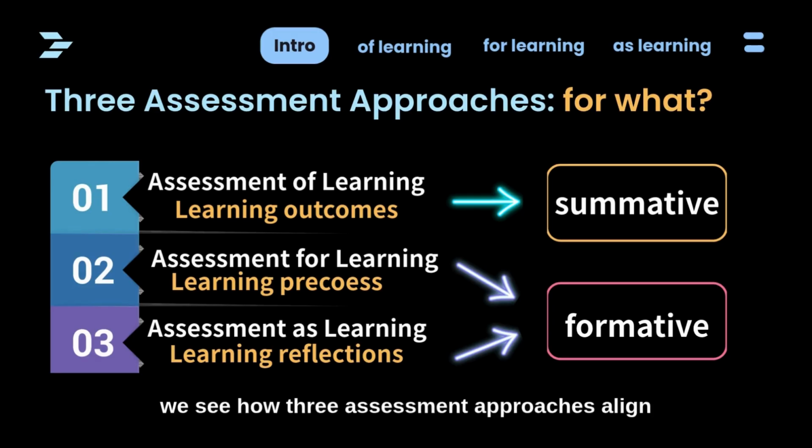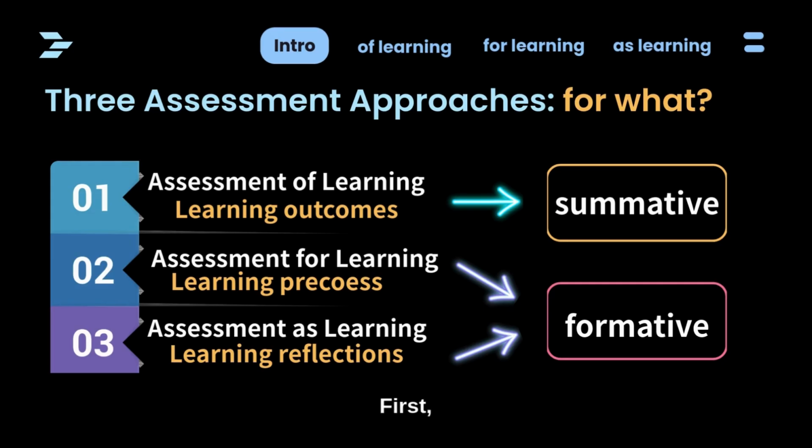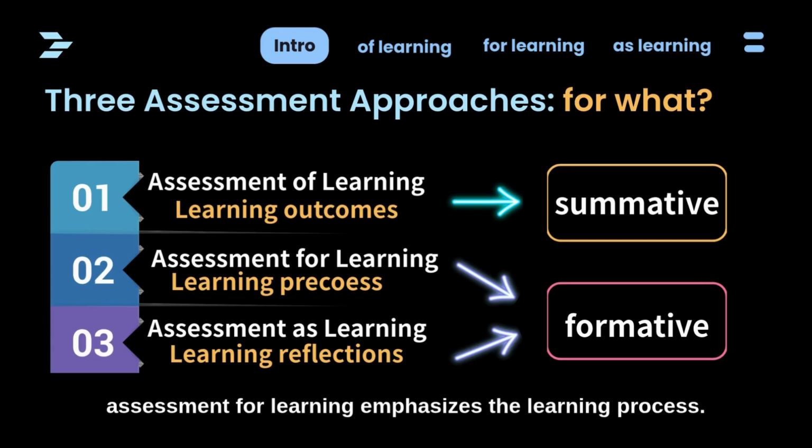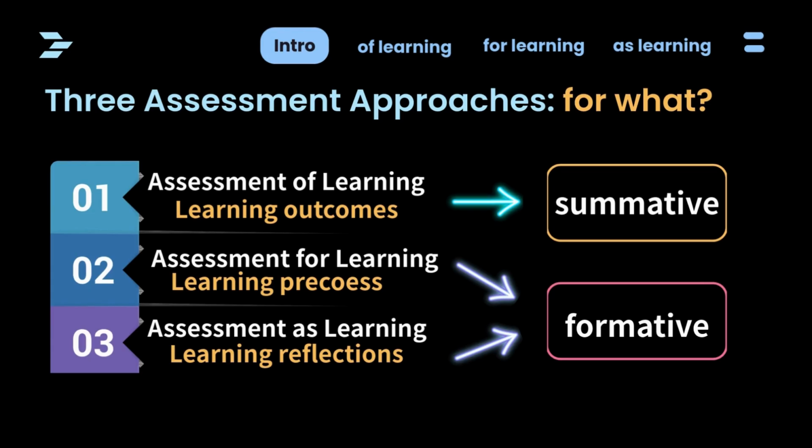And on this slide, we see how three assessment approaches align with different assessment purposes. First, assessment of learning focuses on learning outcomes. It's mainly summative, used at the end of instruction to evaluate what students have achieved, such as through unit tests or final exams. Second, assessment for learning emphasizes the learning process.